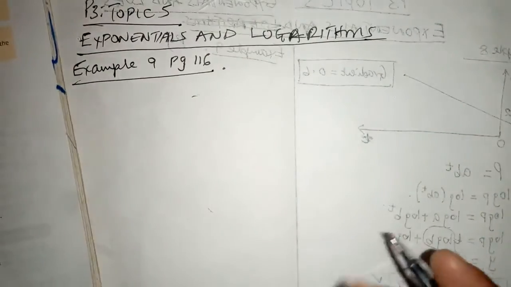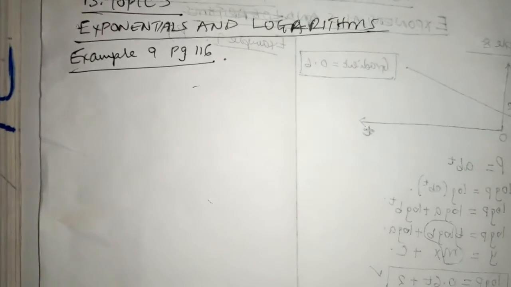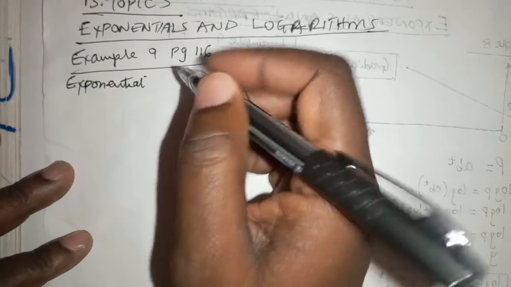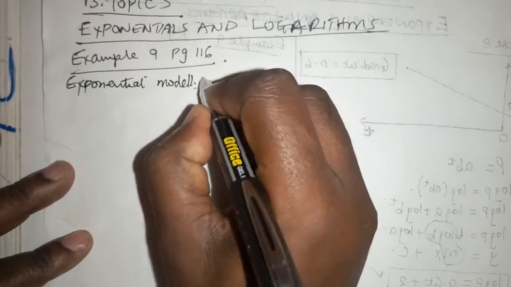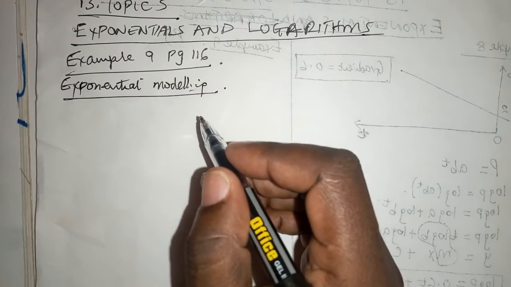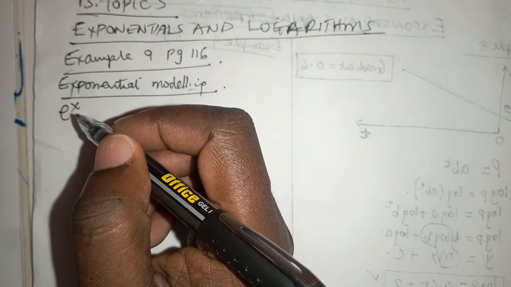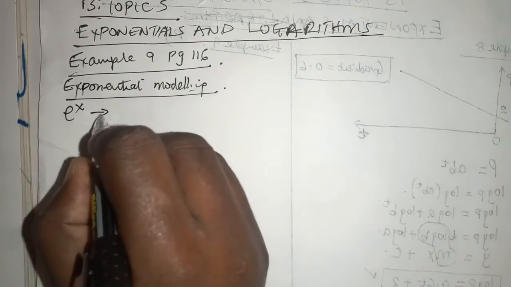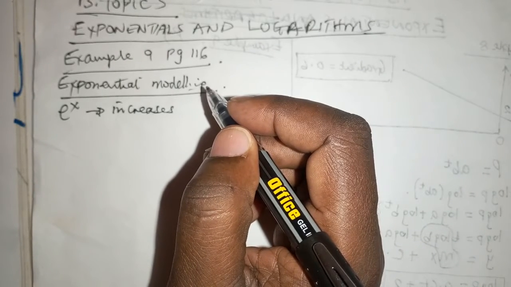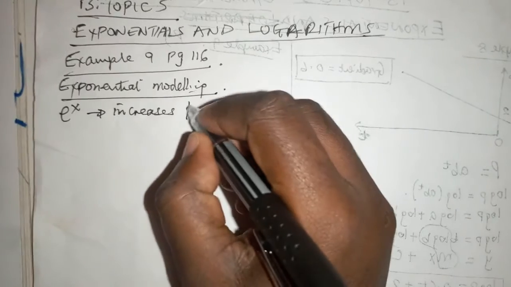Before then, under 5.5 exponential modeling, as illustrated on page 116, it is said that you can use e raised to power x to model situations such as population growth, where the rate increases, and where the rate of increase is proportional to the size.